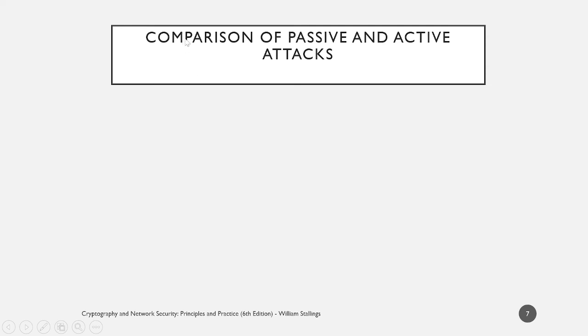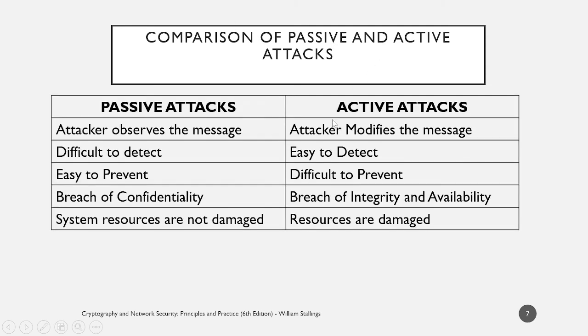Now comes the comparison of passive and active attacks. The first comparison is that in passive attacks, the attacker observes the message. Here there is no threat to the system resources. But in an active attack, the attacker modifies the messages.